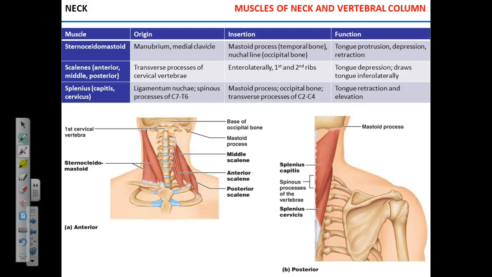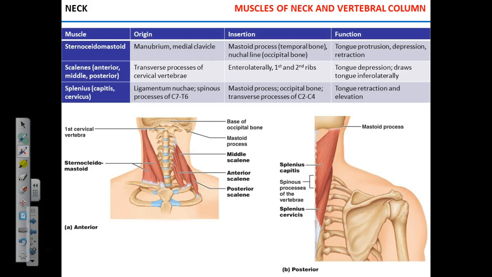Now, muscles of the neck and vertebral column. Before we talk about individual muscles, what I want you to understand is that there are several major movements that they do. With the neck, it's a rotation, correct? Left, right. It's the lateral flexion and forward and back, forward flexion, backward extension.